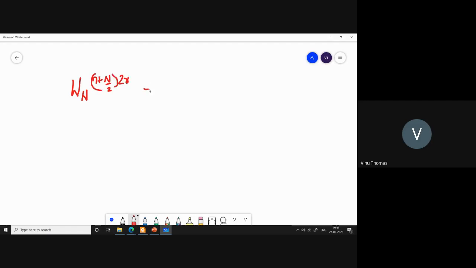You can expand this as W_N raised to n into 2r into W_N raised to N by 2 into 2 into r. So you can cancel the 2 outside. So I'll just write this term alone. This becomes W_N raised to N into r.